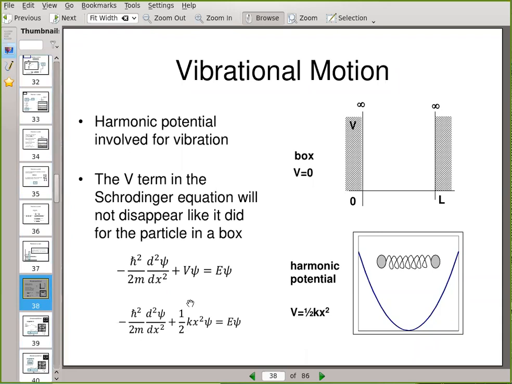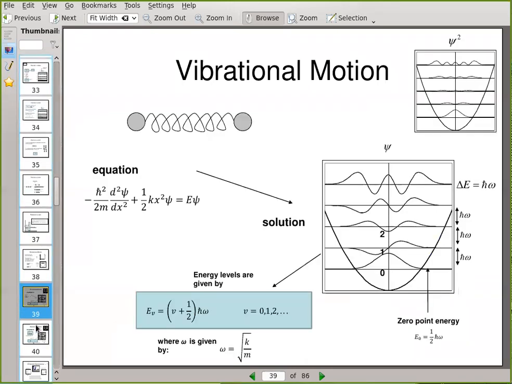Now, this is what the Schrodinger wave equation looks like for a single particle in a potential. And the question is, what happens when you solve it? A lot of interesting things happen when you solve it. So let's just start with it. Here's the Schrodinger wave equation.